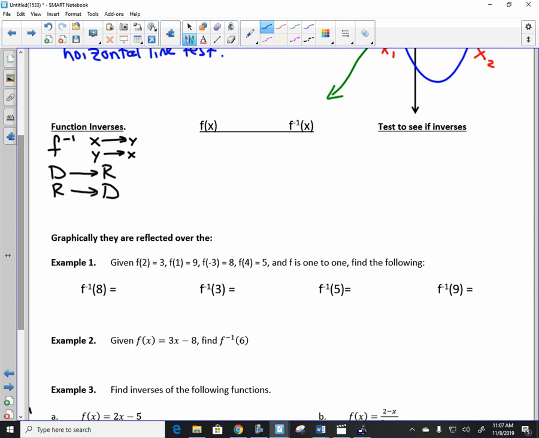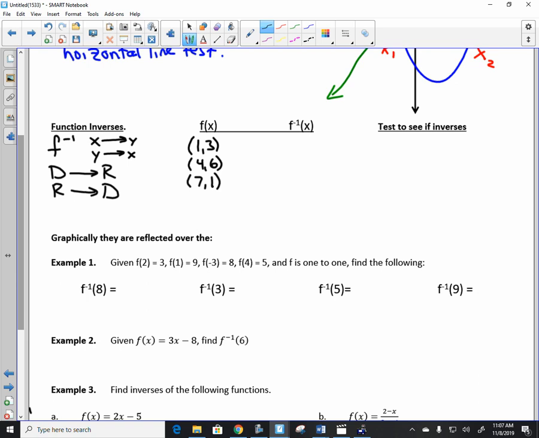So for example, if I have (1, 3), (4, 6), and (7, 1). That's a function. Every element of the domain corresponds to exactly one element of the range.